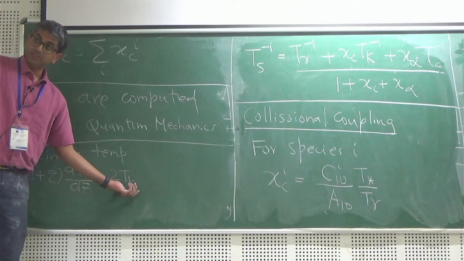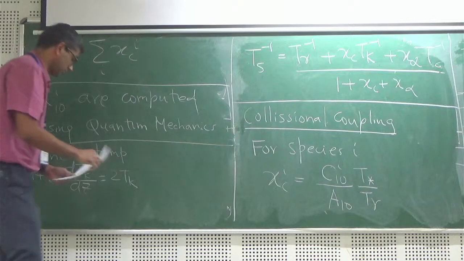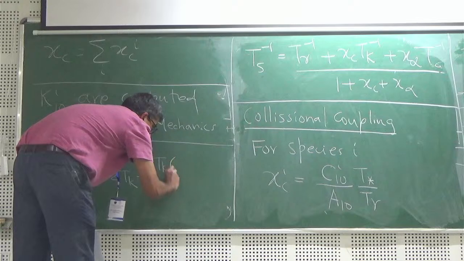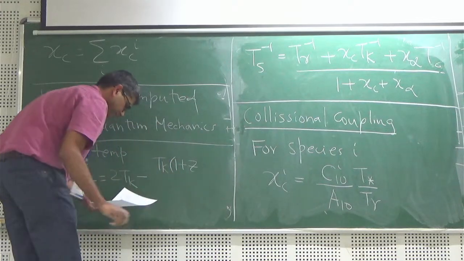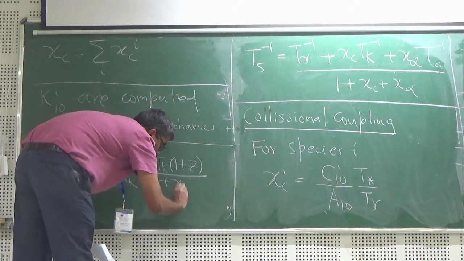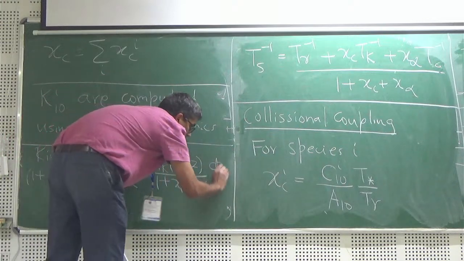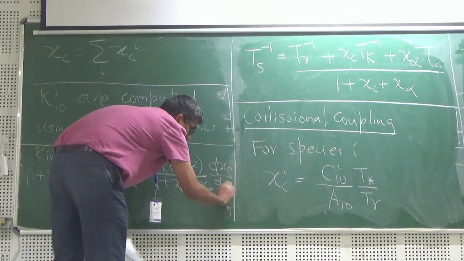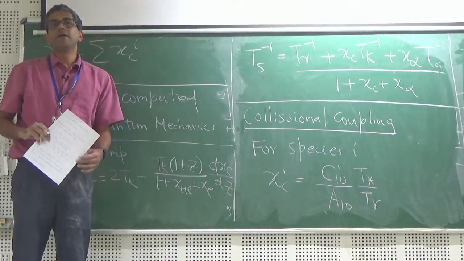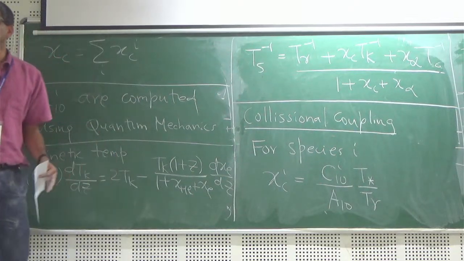This term is just saying that the temperature just keeps decreasing as you decrease the redshift because of the expansion. Then you have a term 1 plus z divided by the number multiplied by T. So this is just saying what is the contribution to gas temperature because of the fact that sometimes the number of particles will change because of ionization.